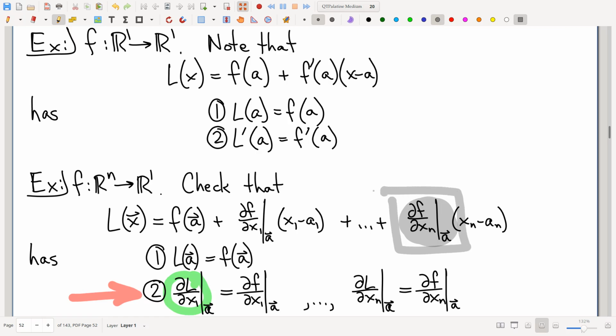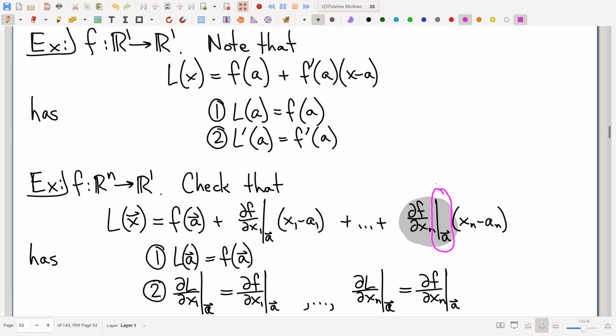It's being evaluated at a, and let me address a notational point here. This vertical line after an expression with a little subscript indicating a point, that's just an alternative notation that says, hey, evaluate that at that point. It's just an alternative notation.